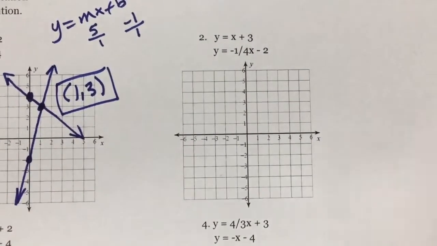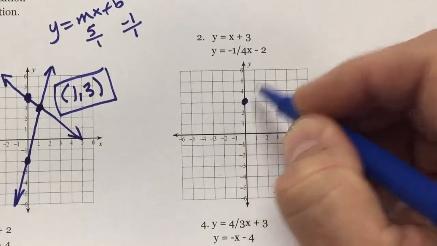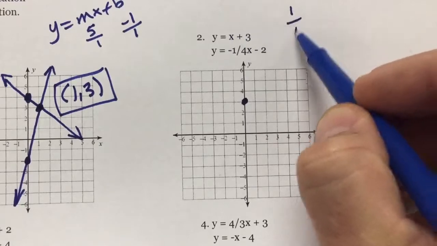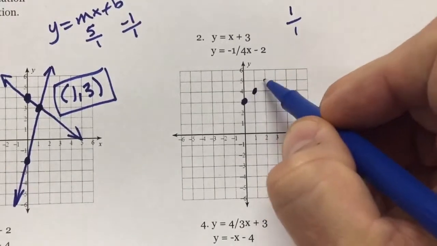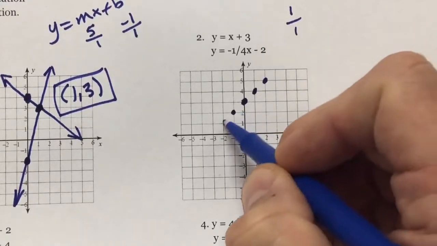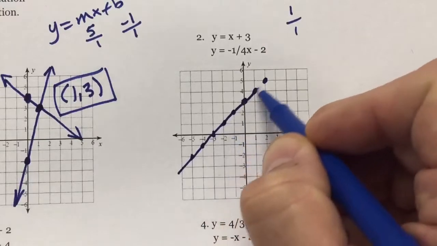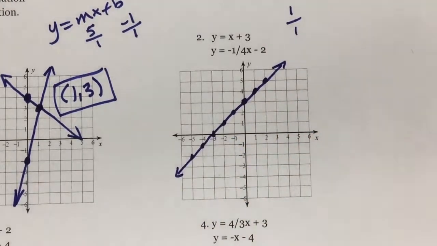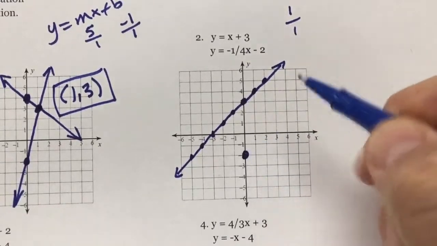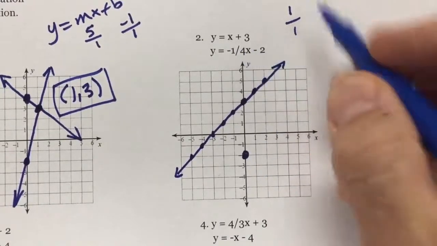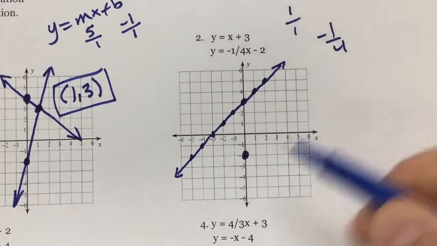Here's example number 2. Again, I'm going to start at 3 for the top equation. And the slope again is 1, and we write it as 1 over 1, which means I'm going to go up 1 over 1. And sometimes it's good to extend the pattern on your graph out a little ways. My second equation, the y-intercept is -2, and the slope is -1/4, which means I'm going to go down 1, right 4.